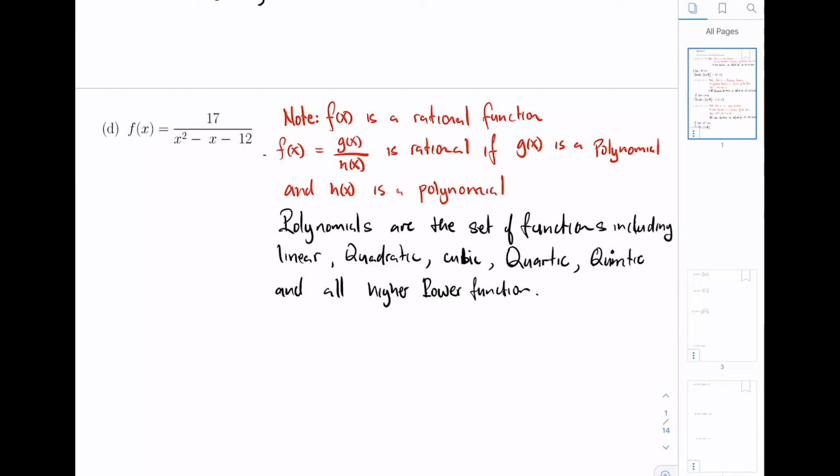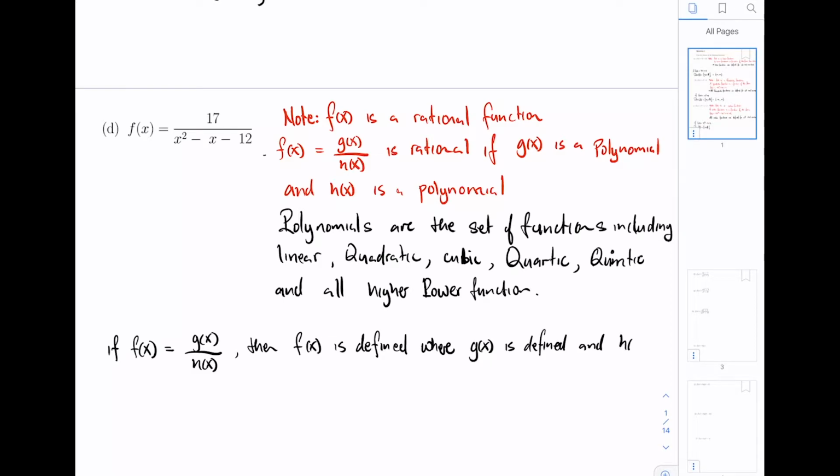And here we want to recognize that if we have a rational function, so we say if f of x is equal to some g of x over h of x, then f of x is defined where g of x is defined and h of x is not equal to 0, but defined.